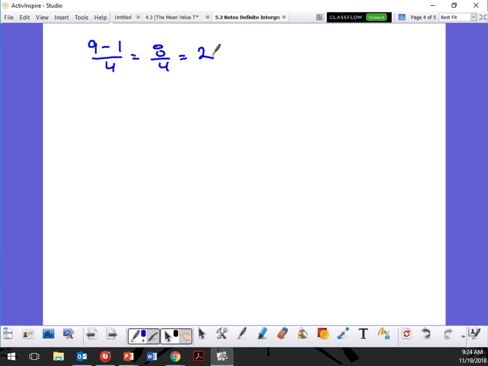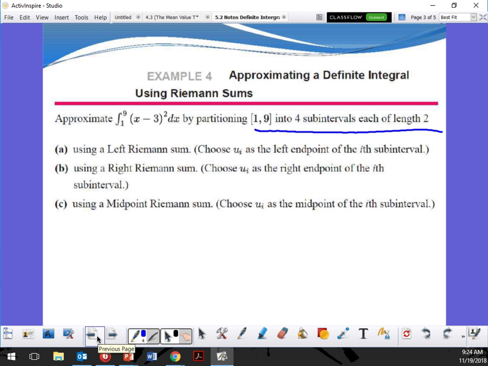Okay? So I'm going to make the equation out of this. So if I make the equation, I'm going to have, let's back it up, the integral from 1 to 9 of (x minus 3) squared dx.